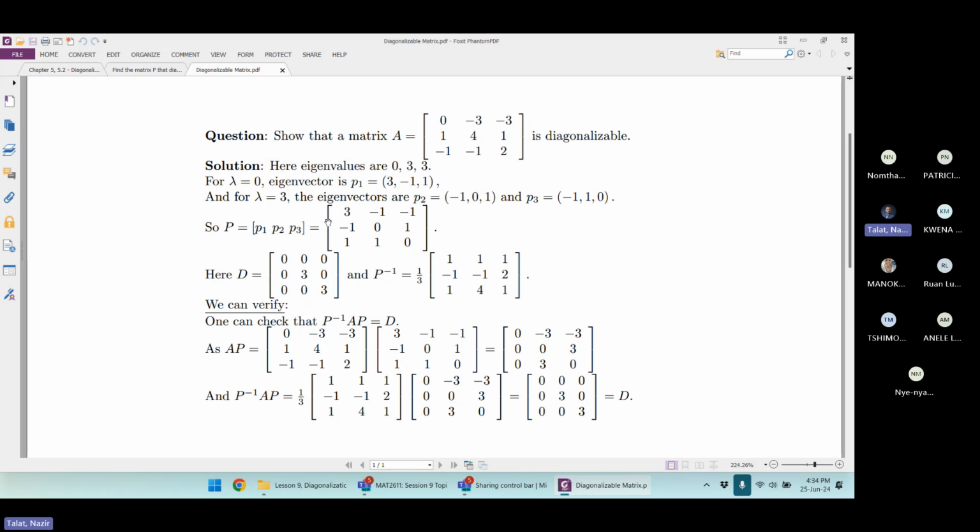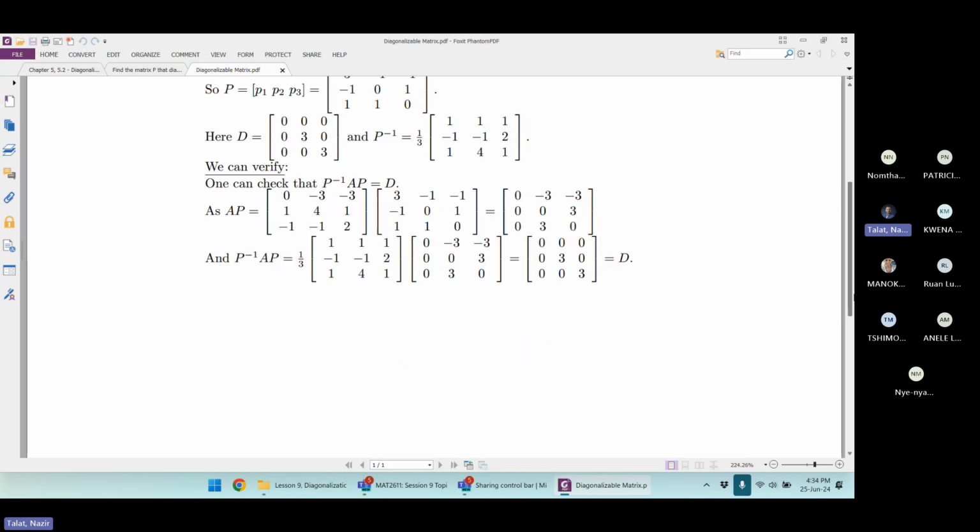With its combination, we make a matrix P, and here D will be the diagonal matrix with 0, 3, 3, where 0 is the first eigenvalue, 3 is the second eigenvalue, and again 3 is the third eigenvalue. If you find P inverse, then one can check that P inverse A P is equal to the matrix D, which is a diagonal matrix.